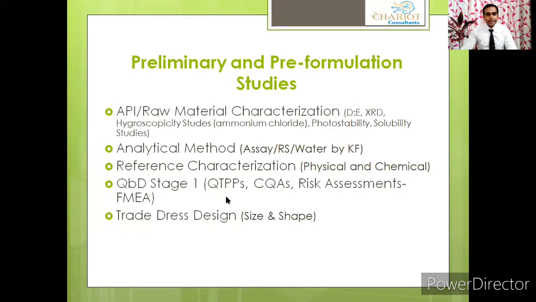So that will provide a rationale that initially the risk was high, but based on your development, you have put the risk from high to low or medium to low. This is risk assessment, QTPP, CQA. These are also part of modules that we will be discussing later on.